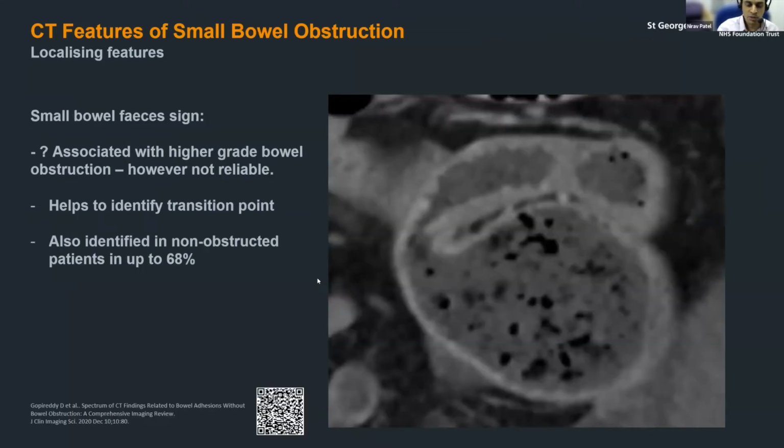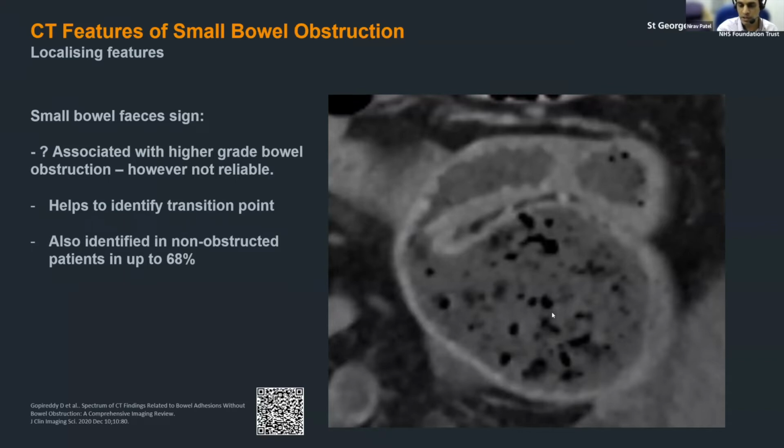Sometimes it's a little bit more difficult to identify the sites of obstruction, and on imaging there are some features that you can look for to help assist localizing the site of obstruction. One such one, which is familiar to many, is a small bowel feces sign. So this is where you have stasis of bowel contents. So you end up with absorption of some of the luminal fluid, and as a result, you get this semi-solid material, almost like feces.